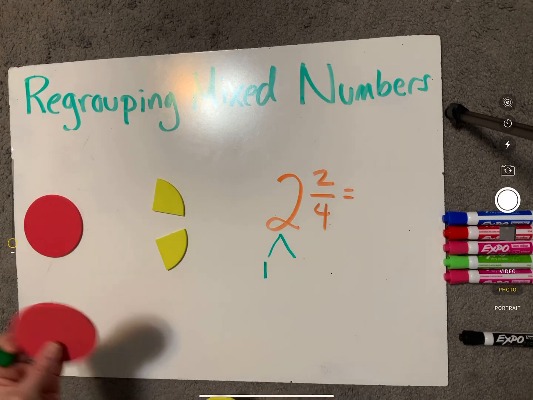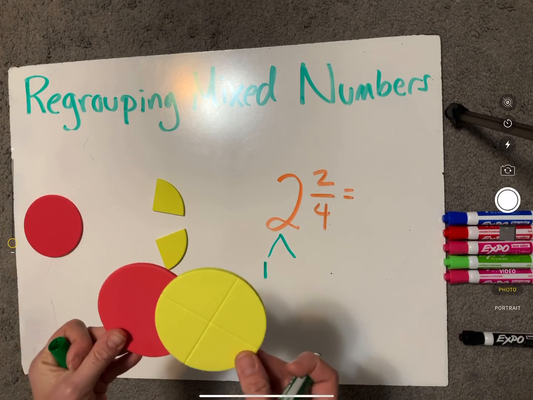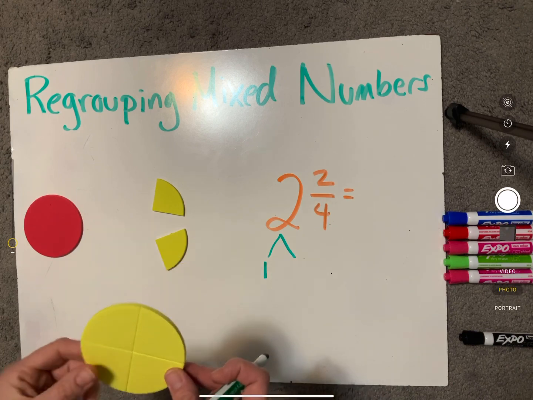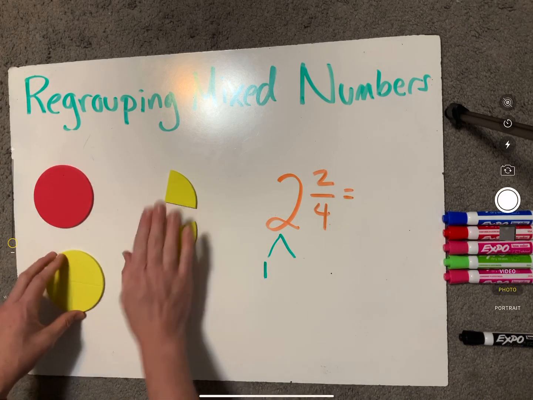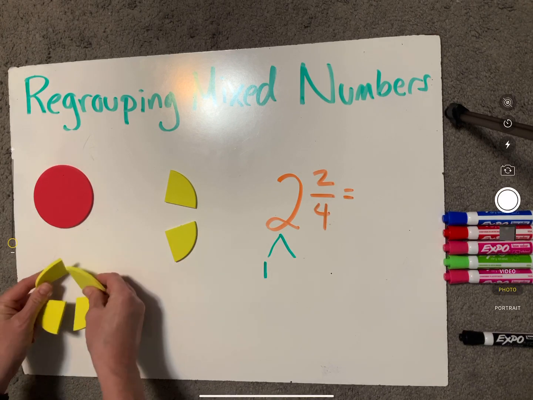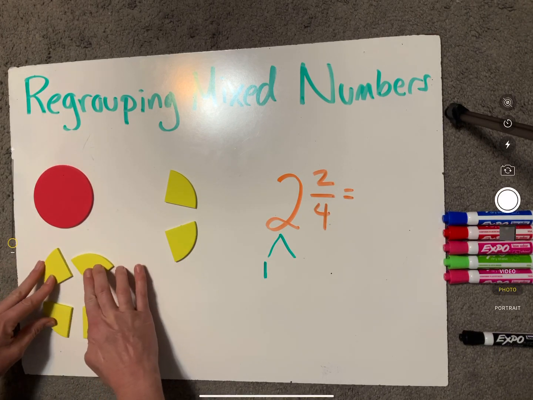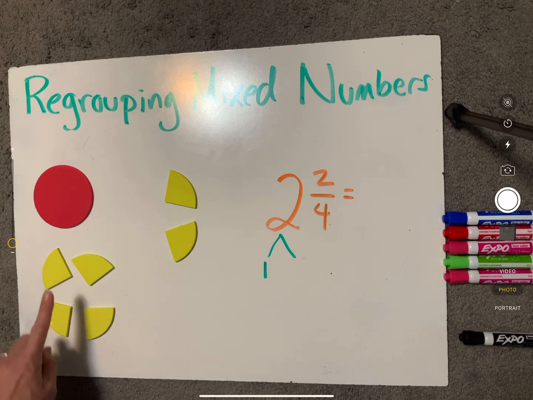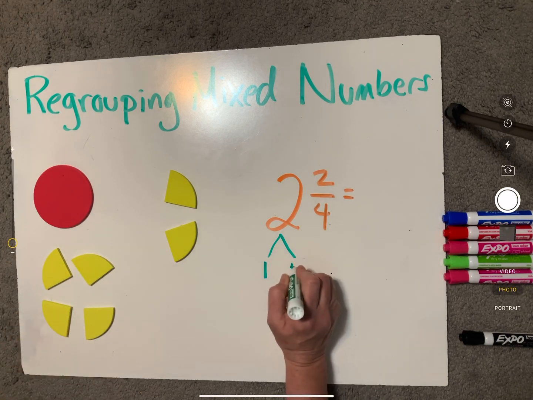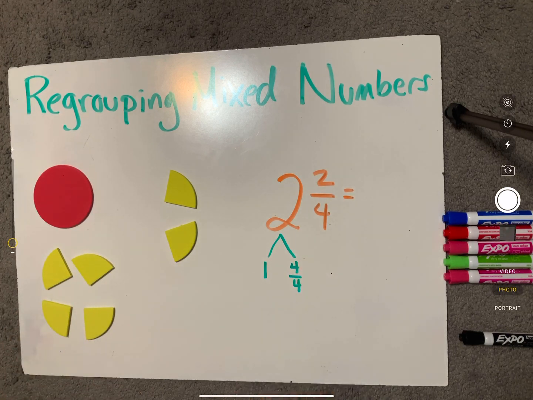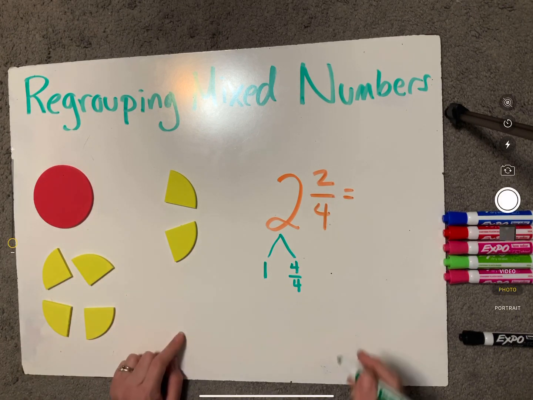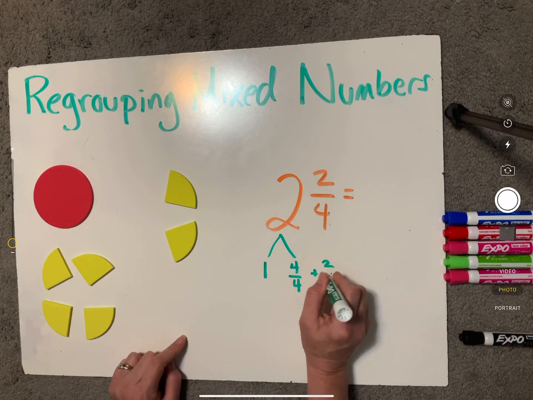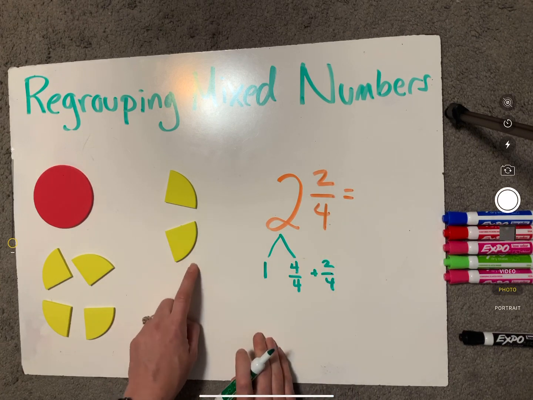And we're going to take this other whole and swap it for a whole that's full of fourths. Okay, so this is now 1 and 4/4. Do you see how that worked? So 1 and 4/4. Okay, so now we have 1 and 4/4. And we still have that 2/4 left from our original fraction.